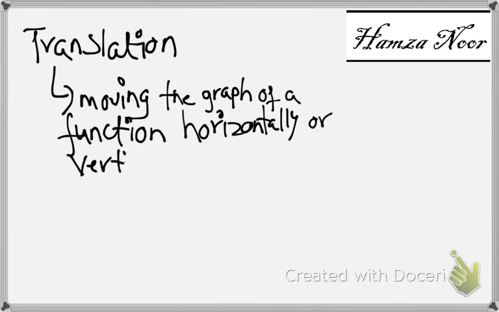As simple as that. So this means we have two types of translation. One is horizontal translation and the second is a vertical translation.